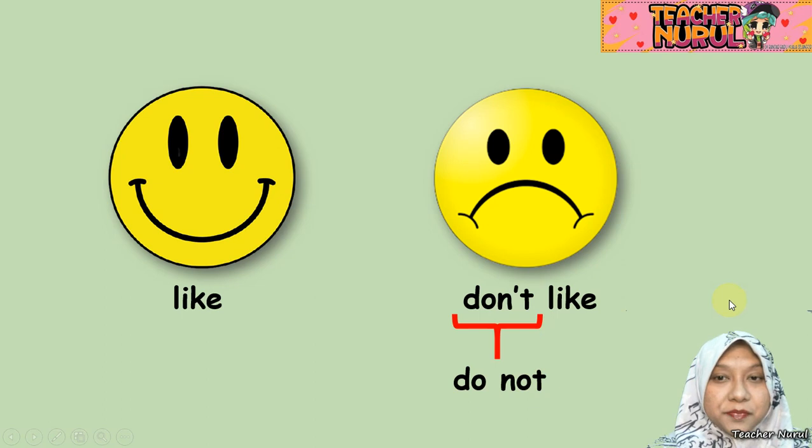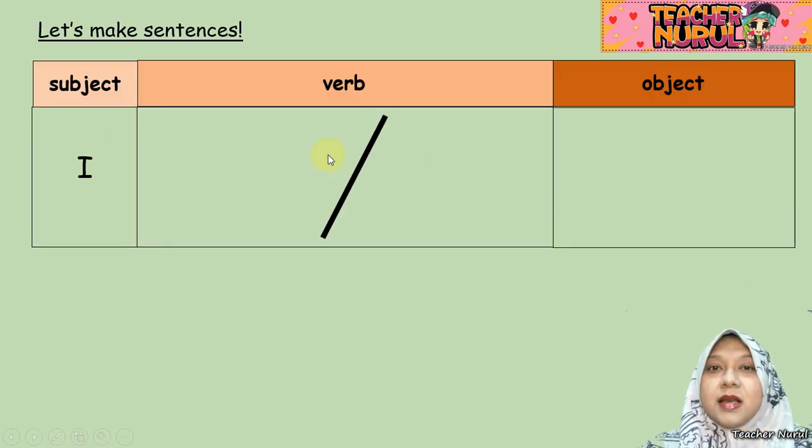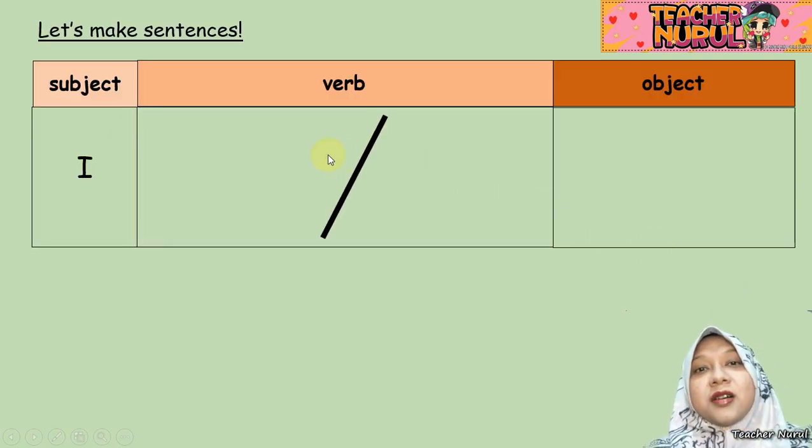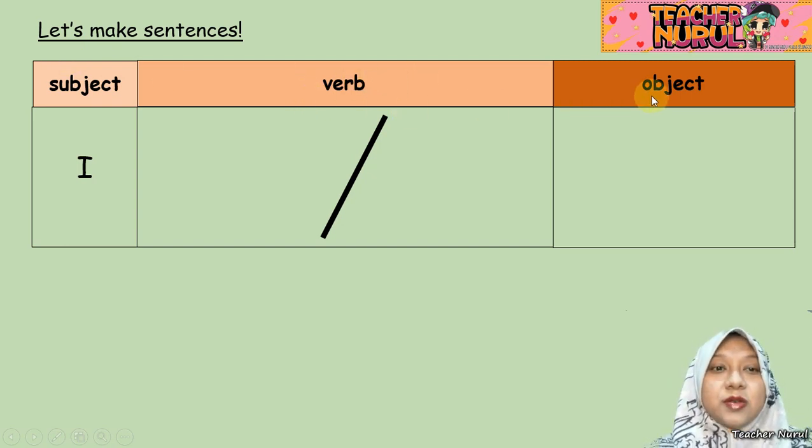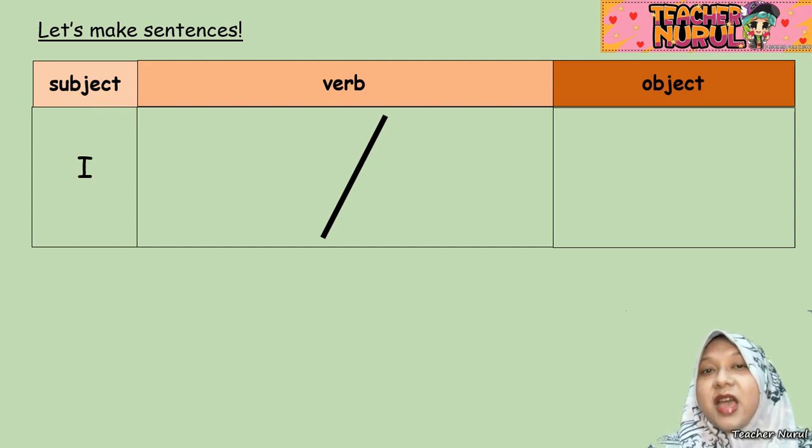Now I'm going to teach you how to write a simple sentence. Today we're going to use subject, verb and also object. Let us go through them one by one. Subject means the one who does the action.